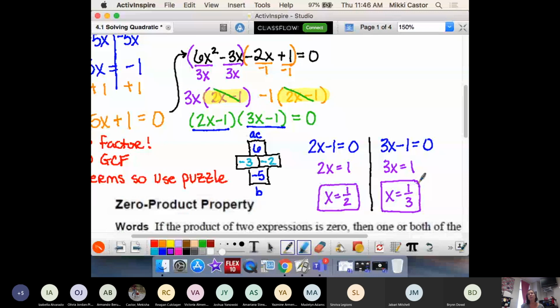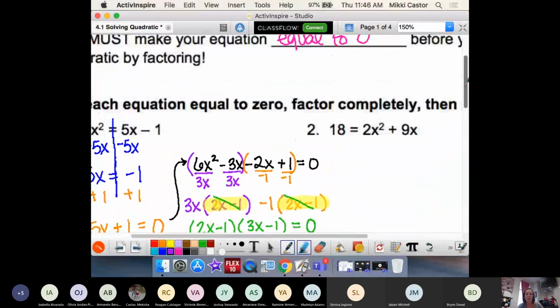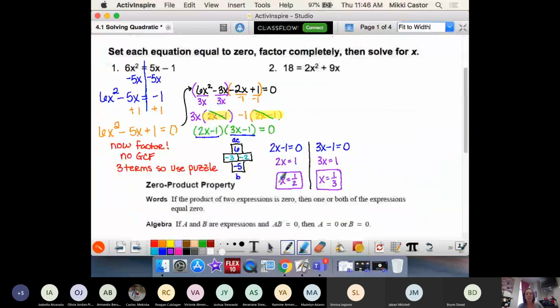So again, the directions are to solve on these, and solving means what does x equal by the time I'm done. Okay, so I'm going to zoom back out just a little bit. So there were our two solutions. So set each factor equal to 0, factor completely, and then solve for x.